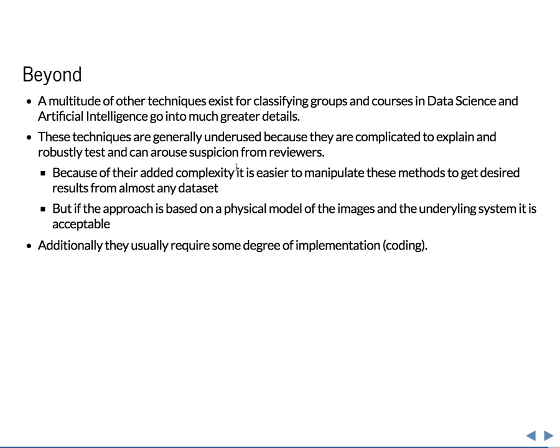So clearly for that case, it's a huge added value to use more complicated techniques, but for many approaches, the simplest is the best. Particularly with the more complex approaches, it's much easier to manipulate them to get the desired results.